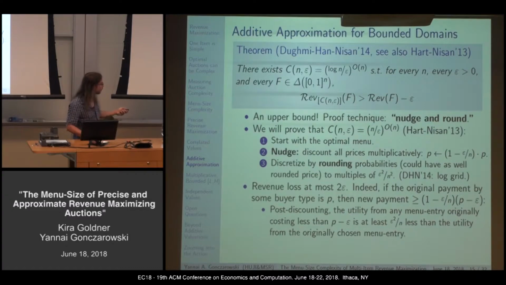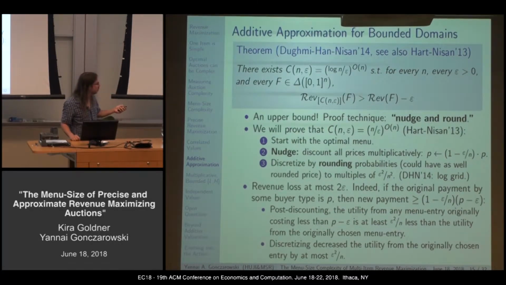So earlier, if the buyer originally preferred the thing that costs p only very slightly, or even was indifferent between this and something that cost much less, now he prefers it strictly by at least epsilon squared over n utility. Now notice that this whole rounding decreased the utility from the originally chosen entry by at most epsilon squared over n.